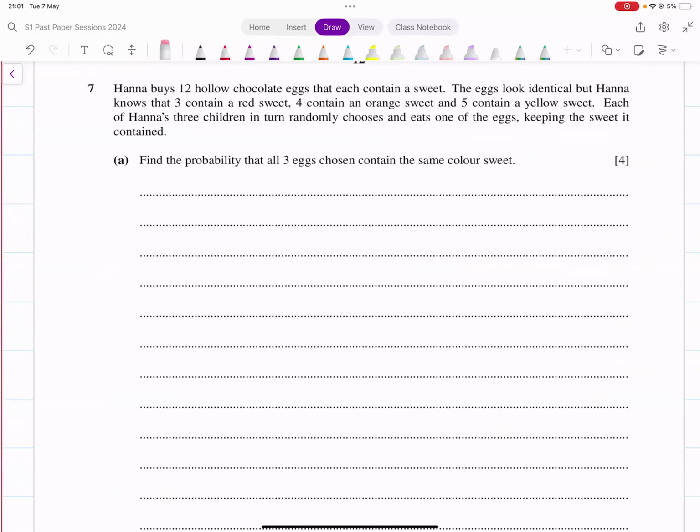Okay, it says Hannah buys 12 hollow chocolate eggs that each contain a sweet. Now, the eggs look identical, but she knows that 3 contain a red sweet, 4 contain an orange sweet, and 5 contain a yellow sweet. Each of her 3 children in turn randomly chooses and eats one of the eggs, keeping the sweet it contained.